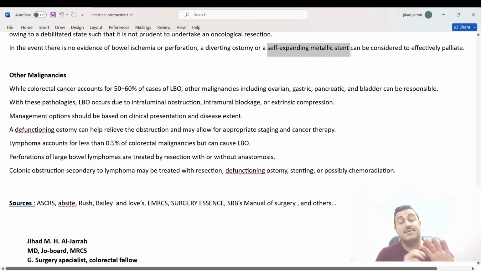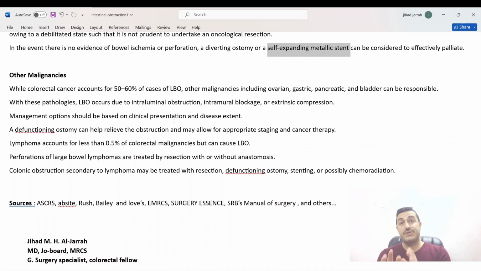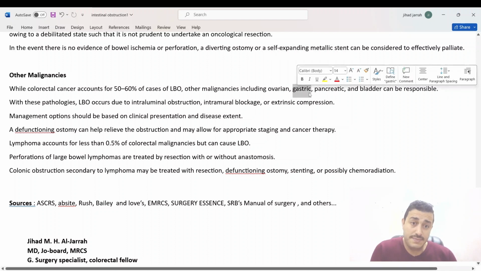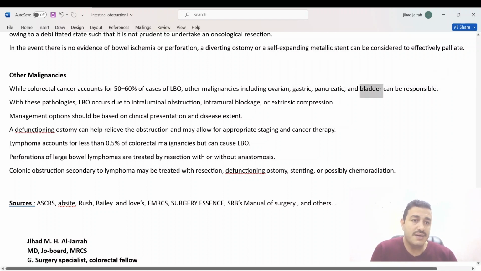Okay, we discussed the malignant large bowel obstruction as a cause of large bowel obstruction or as a cause of intestinal obstruction. There are some other malignancies that can cause large bowel obstruction, but they are not related to colorectal cancer. These are the ovarian, gastric, pancreatic cancer, bladder cancer.